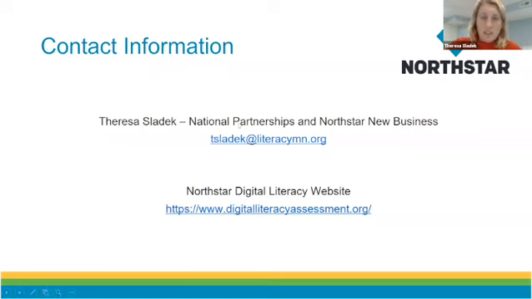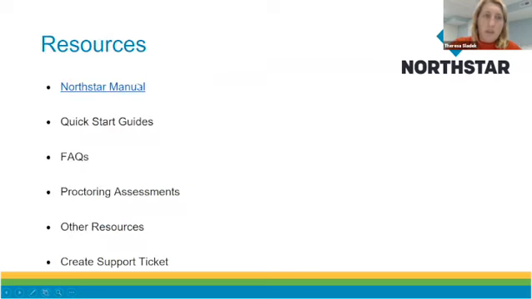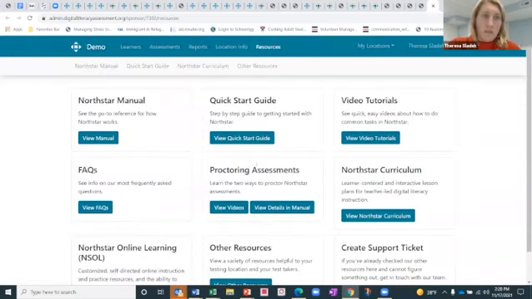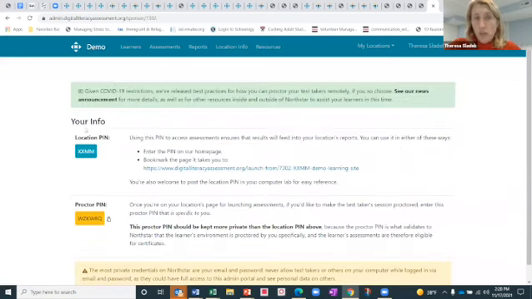Let's quickly, before we leave, review again this admin portal, because I've obviously told you a lot of information. So under your school name, you can find the location pin, you can find that bookmark, you can find your Proctor pin. Under the Learner tab, what do we do under the Learner tab?